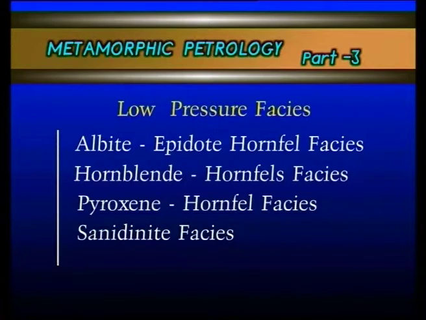They are normally the albite epidote hornfels facies, hornblende hornfels facies, pyroxene hornfels facies, and sanidinite facies. If you move from epidote towards sanidinite facies, normally the temperature will increase and pressure also decreases. So particularly the sanidinite facies are usually found near the vicinity of intrusive bodies, where temperature is normally very high.